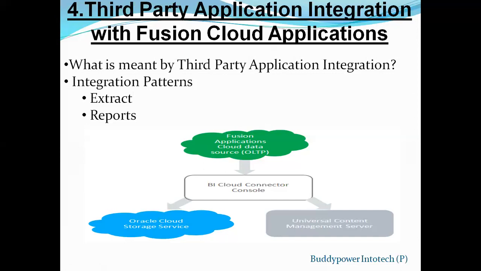Accordingly, that report will get generated. See, extract reports is two things. You understand what I am telling? They are extracting the data, then they are preparing the reports. That is where third-party application integration comes in. Okay, you understand what I am saying?